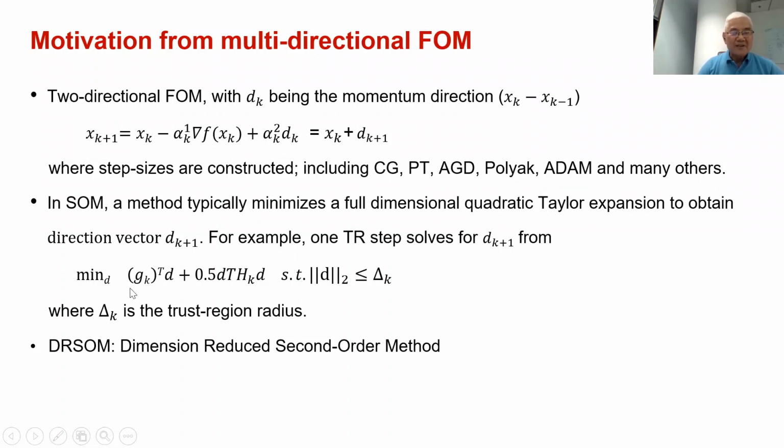In the trust region method, the hard part is that we solve a quadratic minimization subject to a ball constraint. If this is full dimensional, then we need n cube operations per iteration. Now the question is, can we restrict d to this two direction subspace?